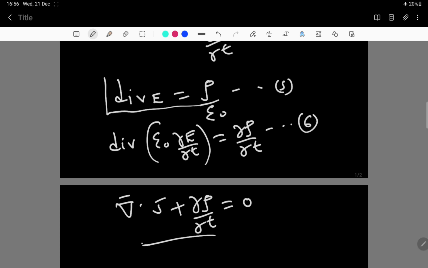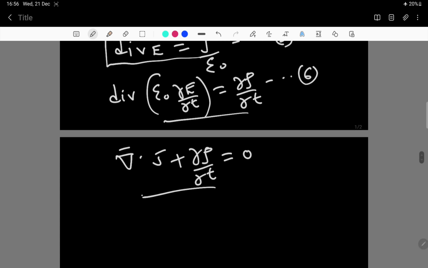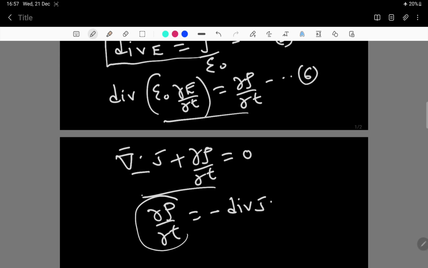Using this equation and this one here, if we take this divergence to the other side, we can write partial rho partial t equals minus divergence of J. Now this component partial rho partial t is the same as this component here, partial rho partial t. Therefore we can substitute minus divergence of J in equation 6.